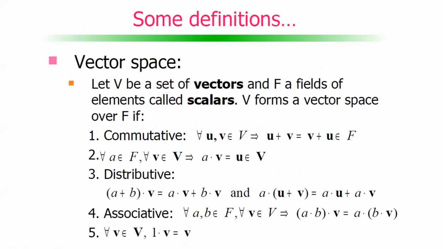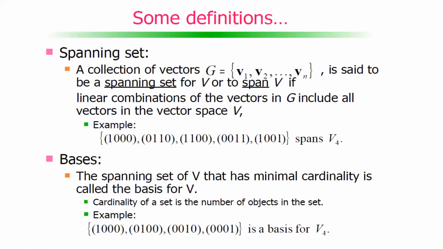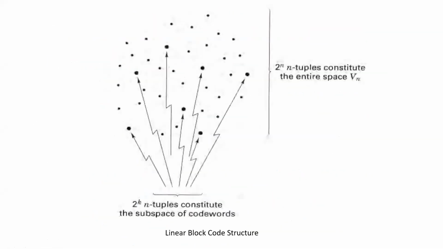Now, what is the vector space? For example, how do you represent a linear block code?